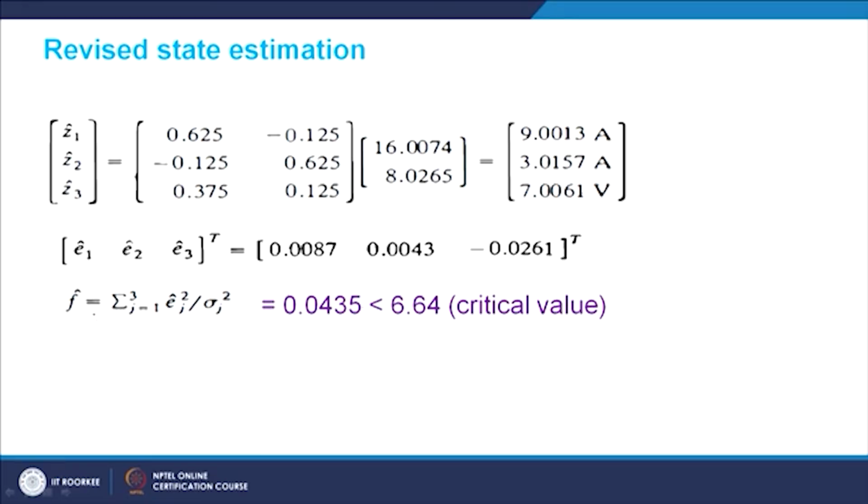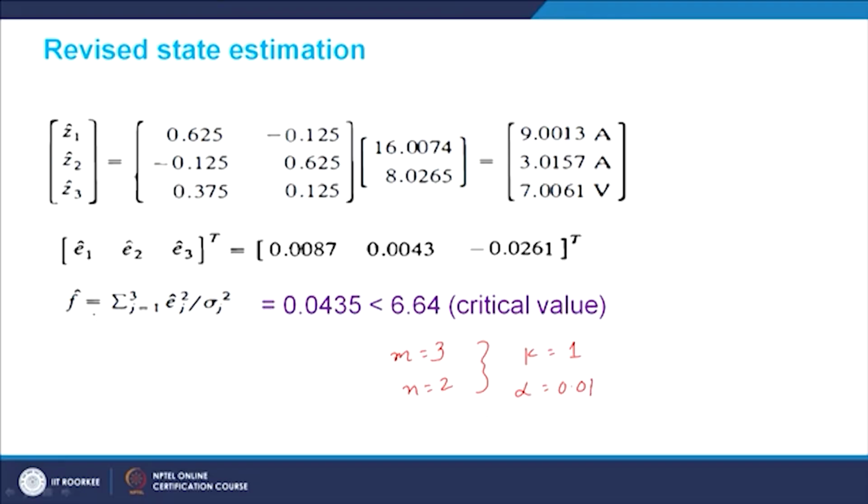Now my m is 3 and n is equal to 2. So, my k is equal to 1, and I keep alpha equal to 0.01.